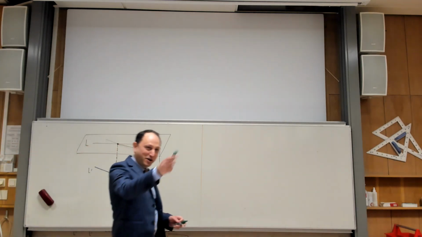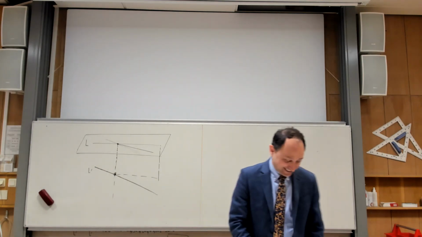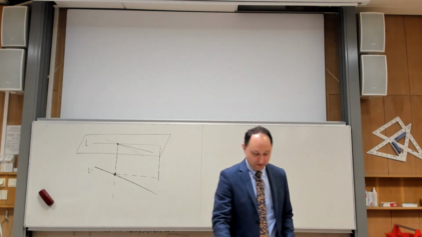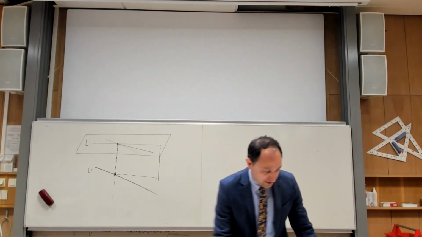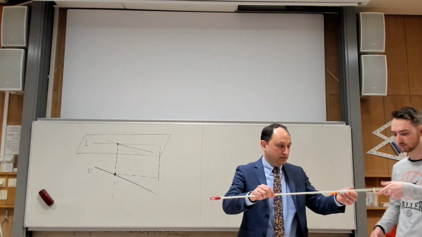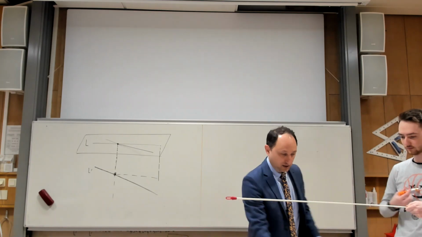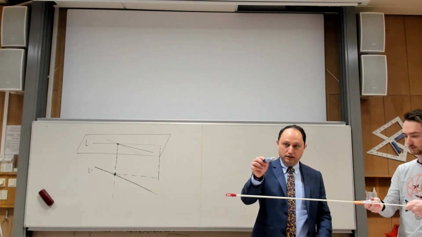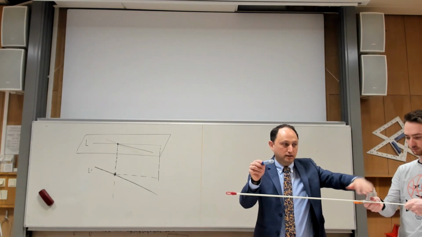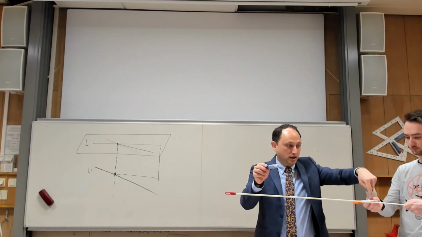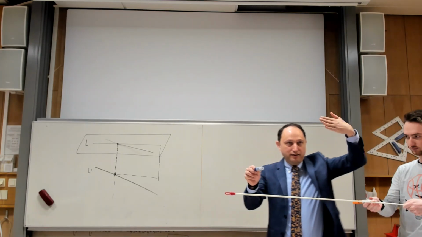Yes, so can you come again here, please? Maybe it is easier to describe it here. So we learned how to do it up to here, so just keep these two. And then I have this line parallel here, yes? So I draw a line perpendicular to this plane here. And then this line and this line have a plane, yes?